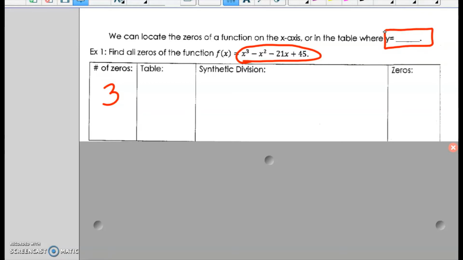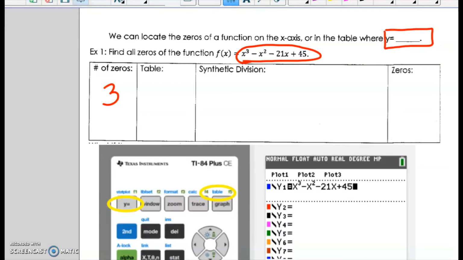So I have my calculator set up where I have gone into the y equals button, and I have inserted this equation into the calculator. So you go through the process, and I'll show you how to do that in class, or your teacher would have shown you how to do that. So we get that into the calculator.